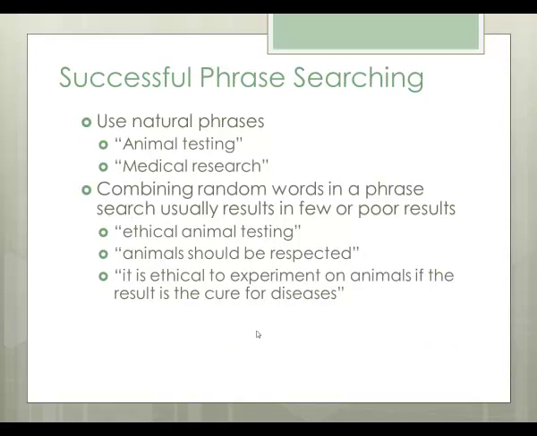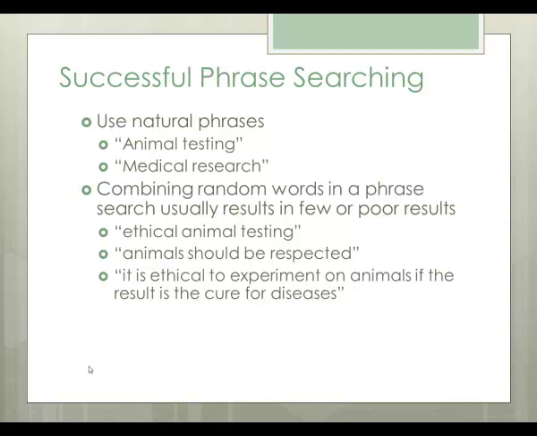Good candidates for phrase searching are words that appear together naturally, like animal testing or medical research. When the words are from a thesis statement or a random string of ideas that are used in a phrase search, the search will often produce irrelevant or few results. In cases like these, it is better to create a Boolean search instead.